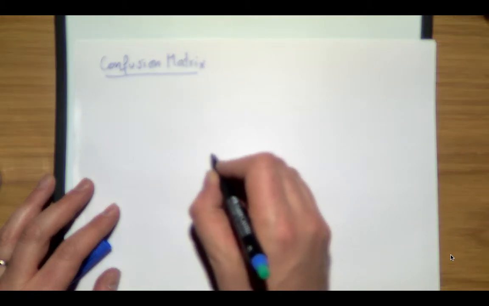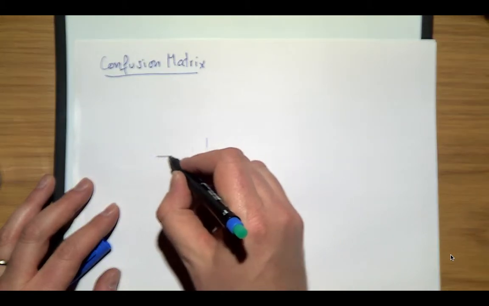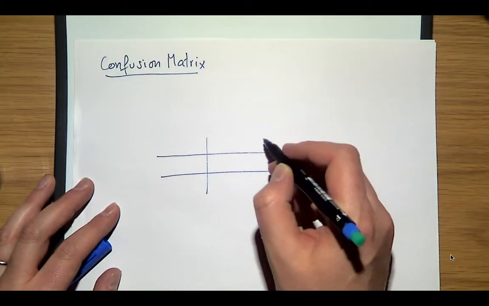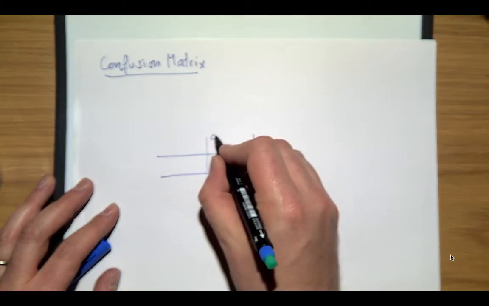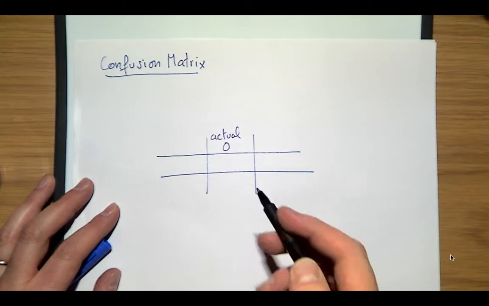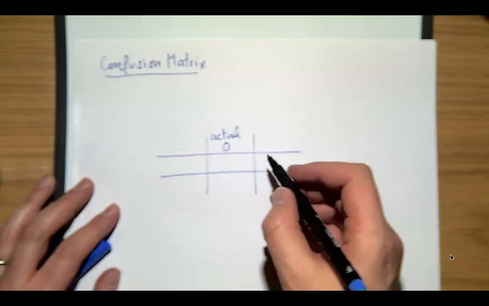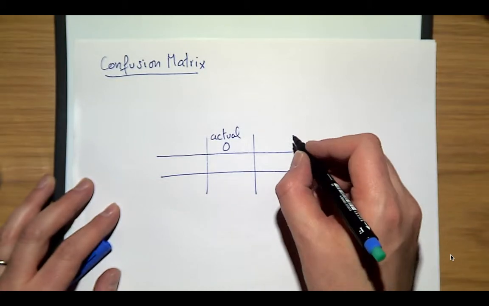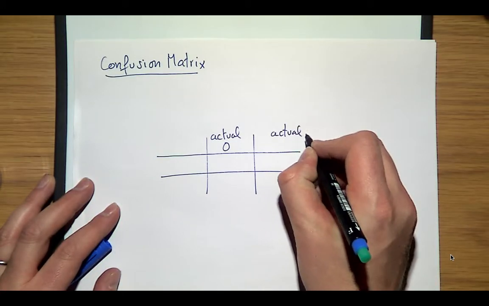So it's quite simple. This is actual 0, so the class of the observation is class 0, and this would be actual 1.